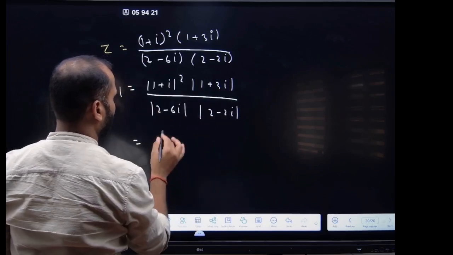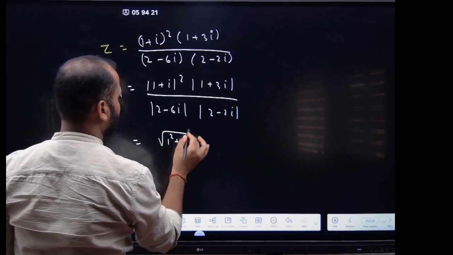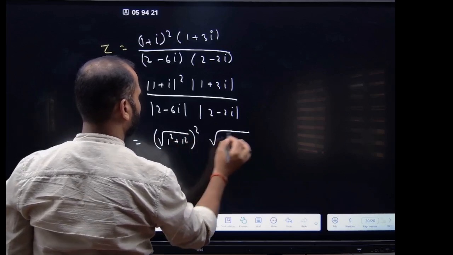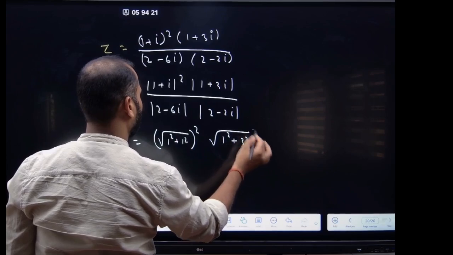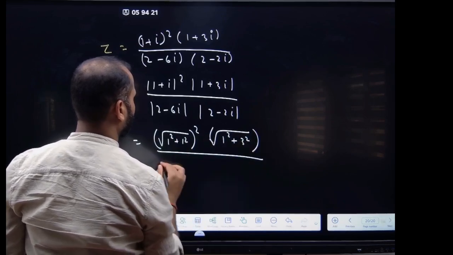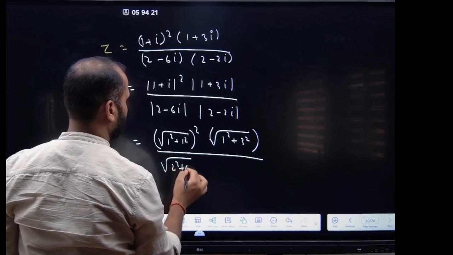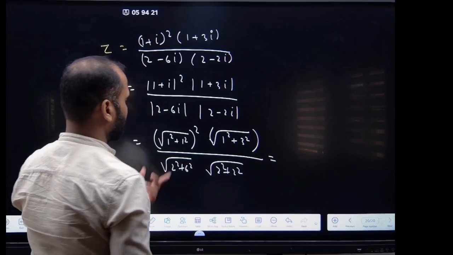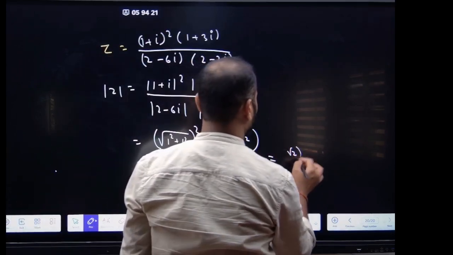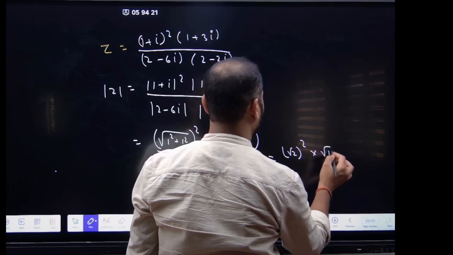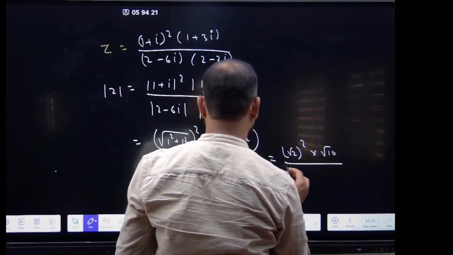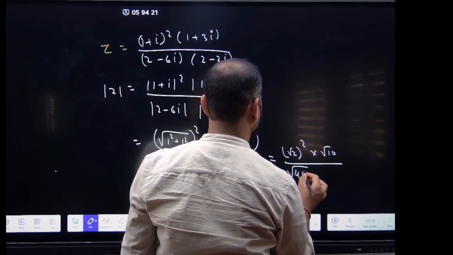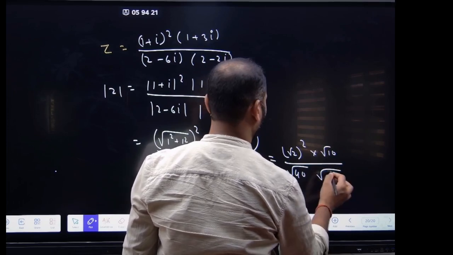What is this mod? Root under 1 square plus 1 square, the whole square. Here root under 1 square plus 3 square. Denominator: root under 2 square plus 6 square, root under 2 square plus 2 square, correct? So this is nothing but root 2 the whole square, root 10, divided by root 40, root 8.